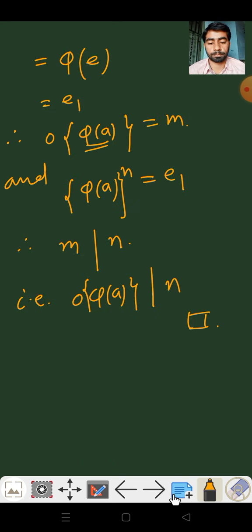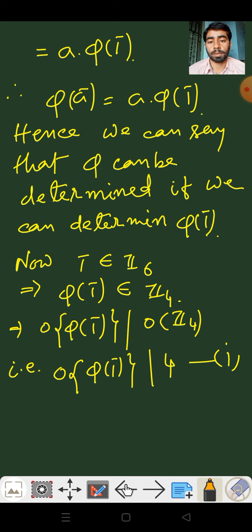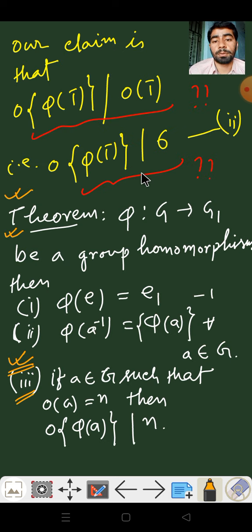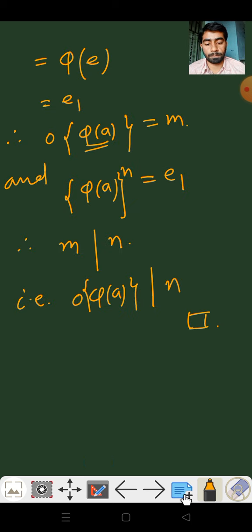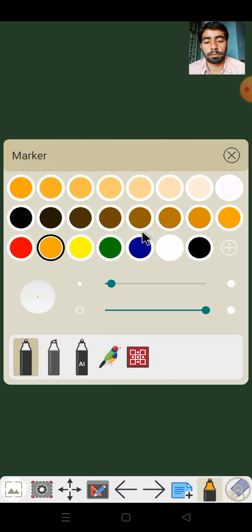Now here we have seen that phi 1 is an element. For this problem, we know that the order of class 1 is 6.